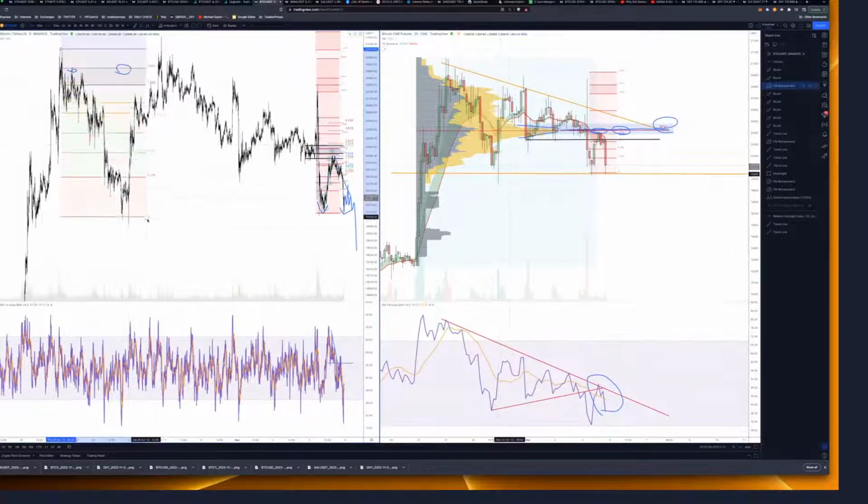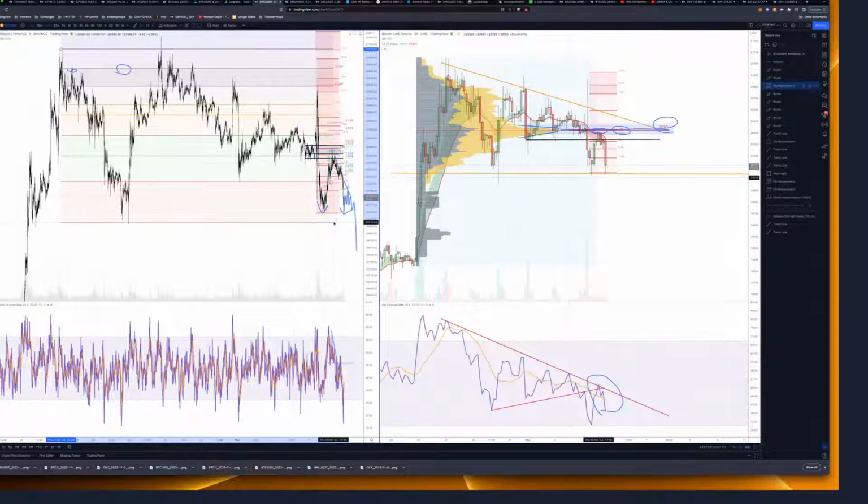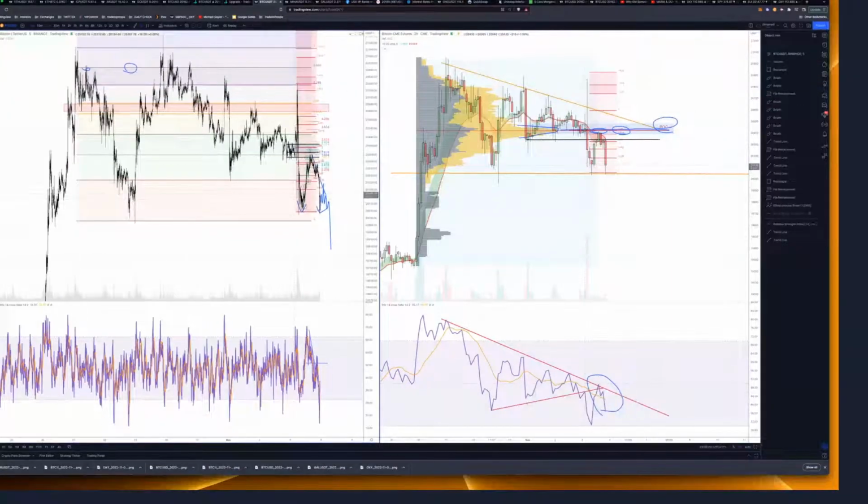And the further it goes down, you see the golden ratio become the main area or key level. And you can see how when we bounce there, all the other Fibonaccis come along. So once we went up, we pretty much did a double top. This golden ratio is the key level to break.